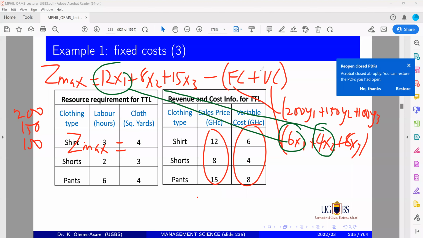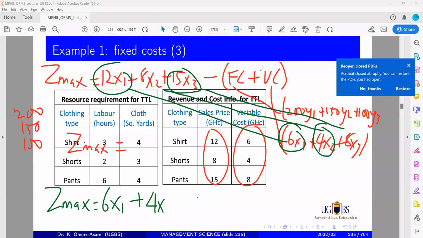Then the 15x3 will have minus the 8x3 there. So our final Z max is going to be 12 minus 6, that will give you 6x1, plus 8 minus 4, that will give you 4x2, plus 15 minus 8, that will give you 7x3.